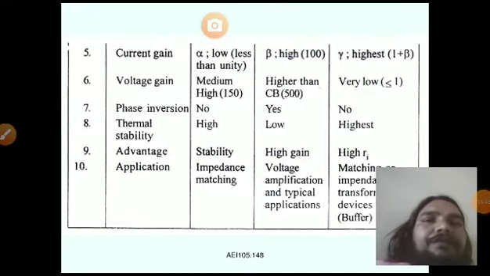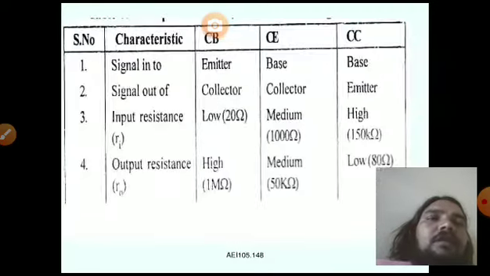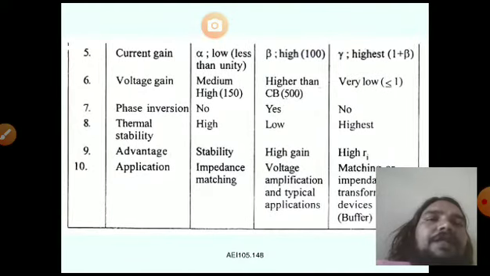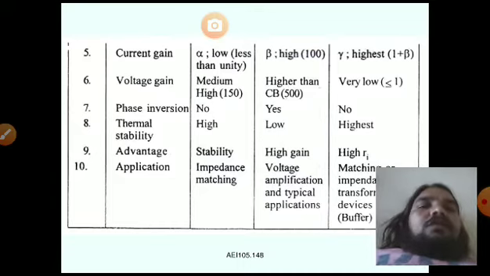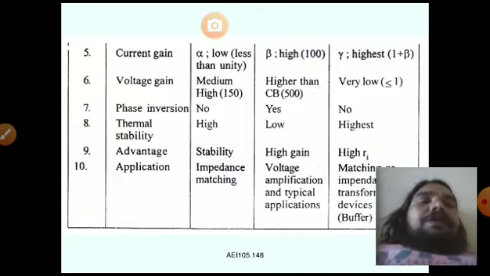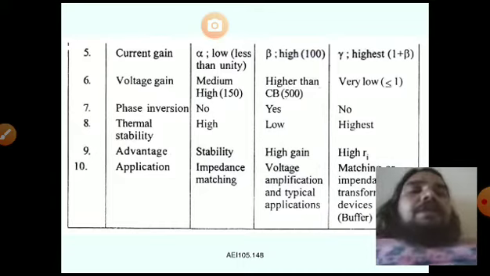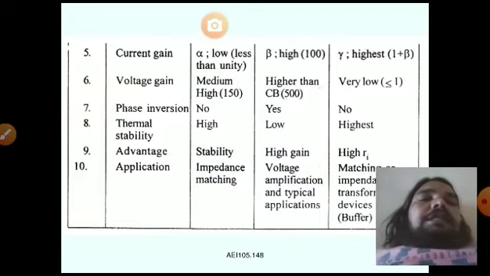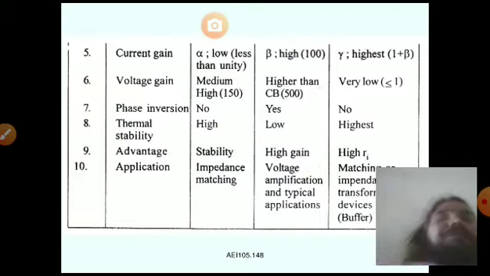Fifth one is current gain. In common base configuration, alpha is less than unity.